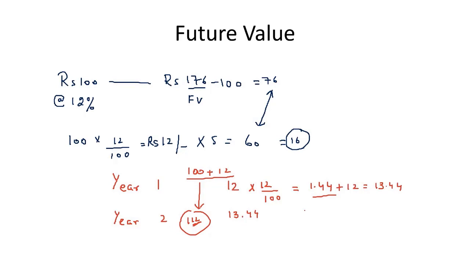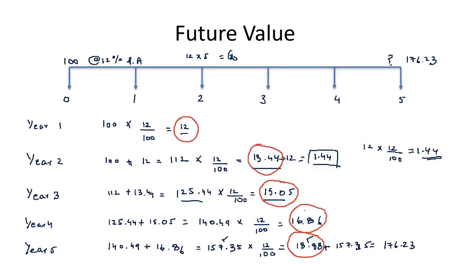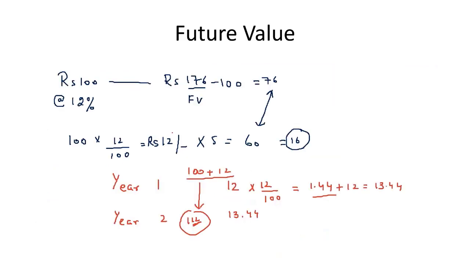And that's why if you total up the difference between all these numbers, 13.44 minus 12, 15.05 minus 12 and so on, if you total up from year 1 to year 5, it will come to be 16, which basically denotes the interest that your interest is earning, also called something as compounding.